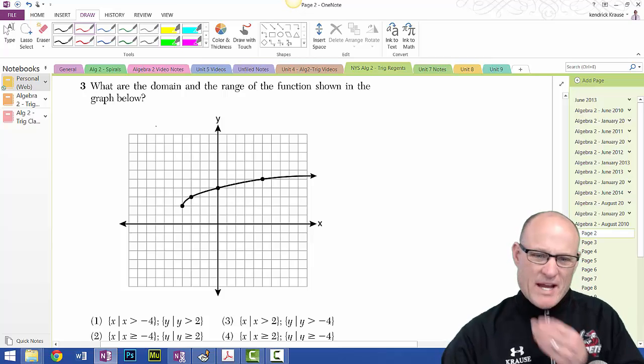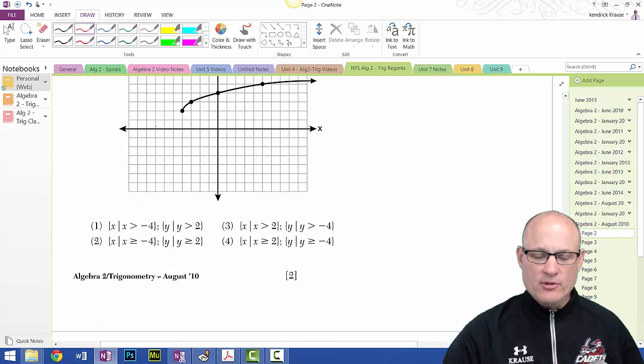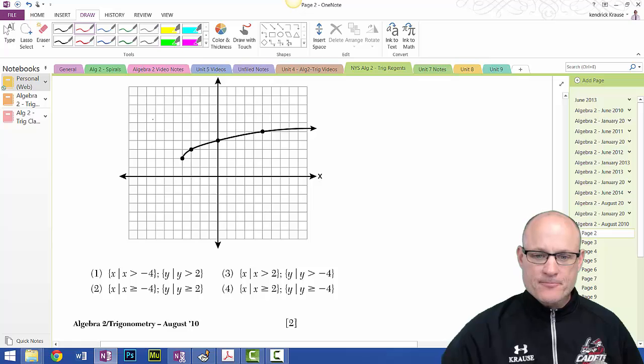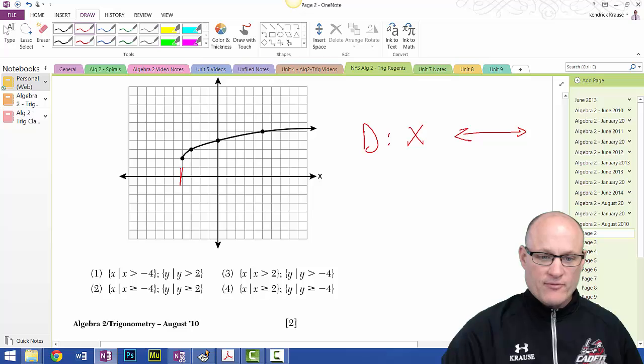What are the domain and range? Now, you have to remember that domain are the x or the left and right values. So domain has a leftmost value of negative 4, it looks like, and a rightmost value that goes forever and ever.